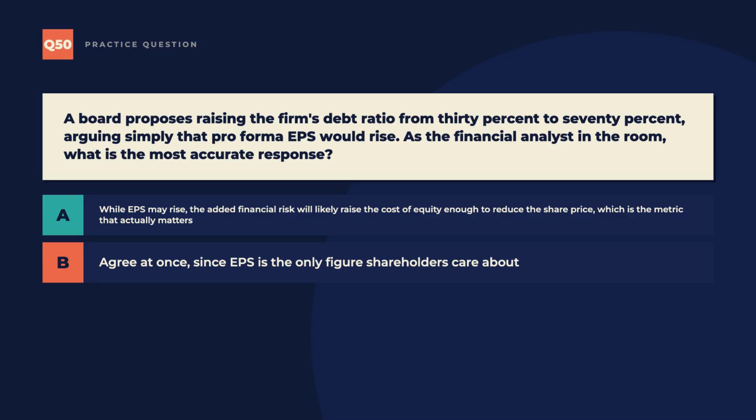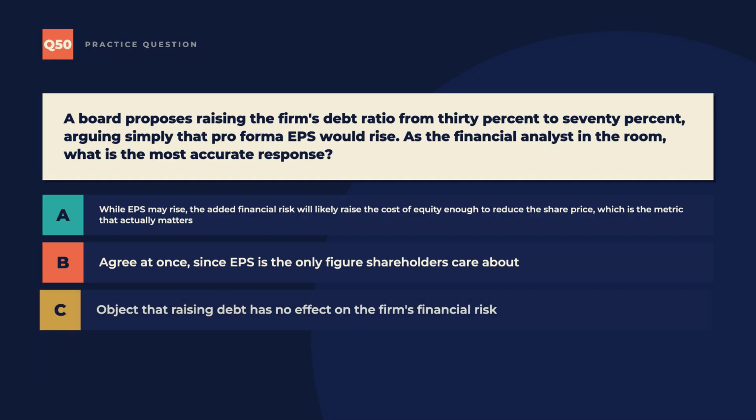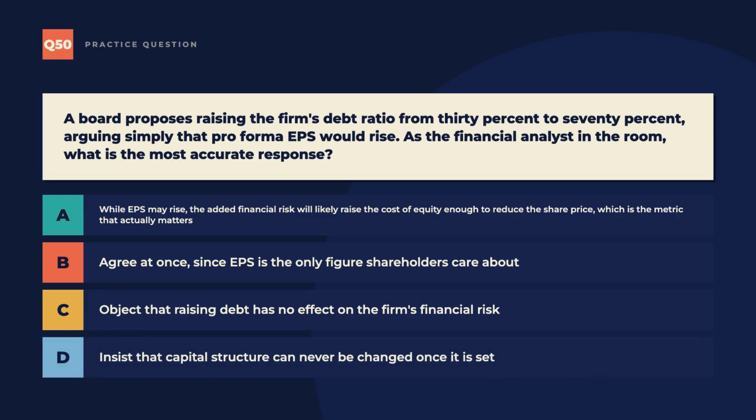B. Agree at once, since EPS is the only figure shareholders care about. C. Object that raising debt has no effect on the firm's financial risk. D. Insist that capital structure can never be changed once it is set. Take a second. Which answer would you pick?